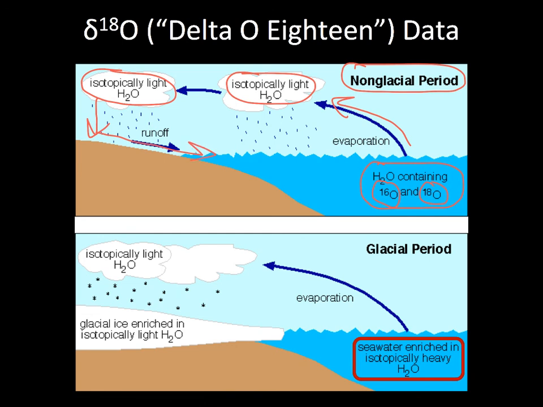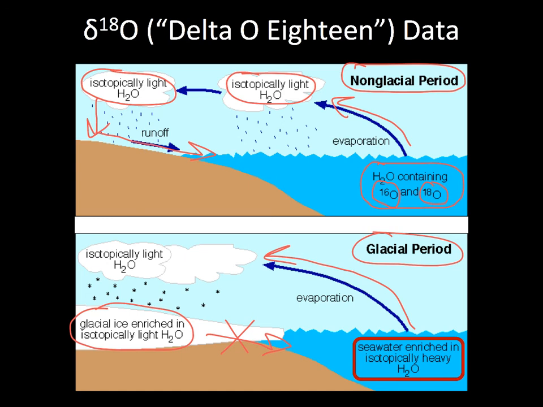Let's look down here at this glacial period, however, if it's really, really cold. If it's cold, then oxygen-16 enriched water that evaporates gets precipitated back down, but it gets trapped on land as glacial ice and does not return to the ocean.